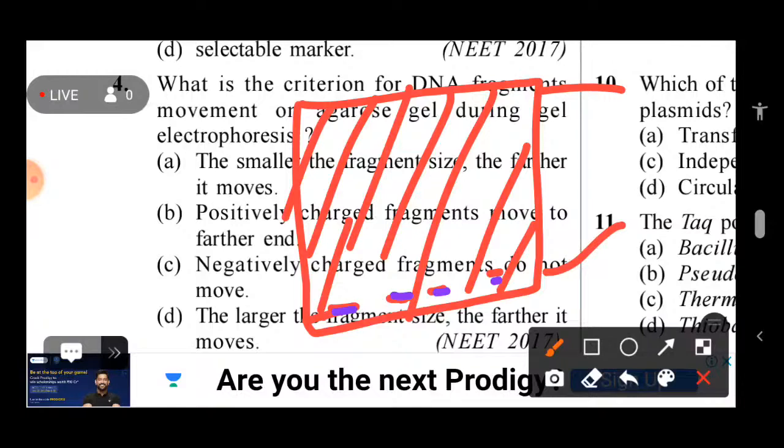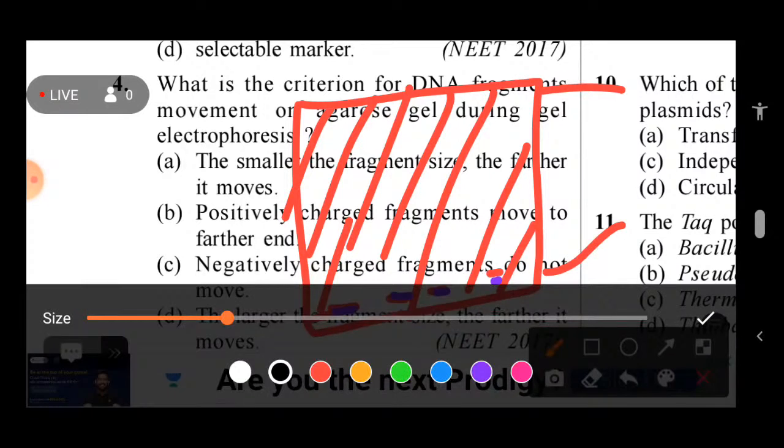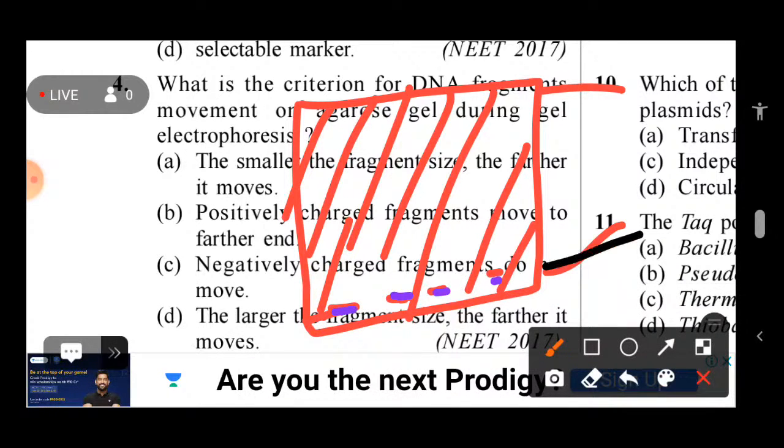In the principles of inheritance chapter and also molecular basis of inheritance, in these chapters we studied about this gel electrophoresis, I think. Here, when it is connected to positive and negative, the low density genes or DNA move faster, and the high density ones are only settled here.